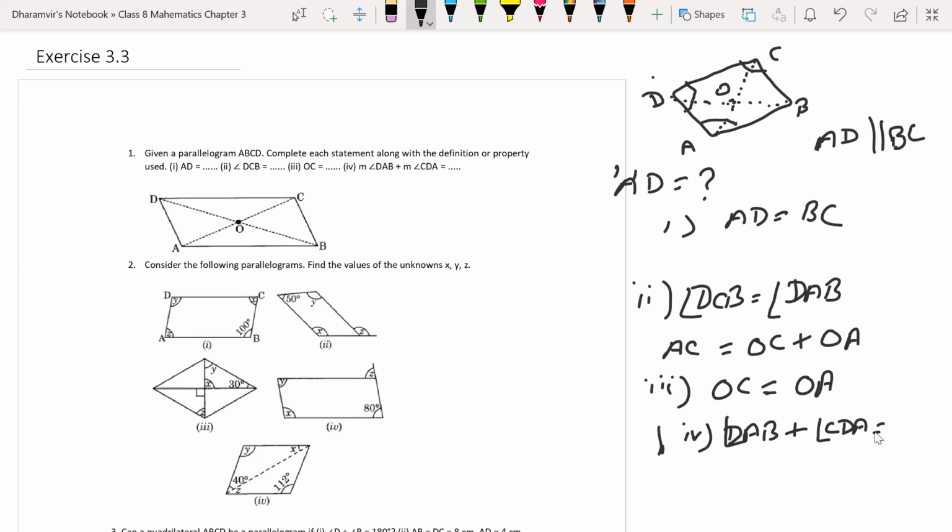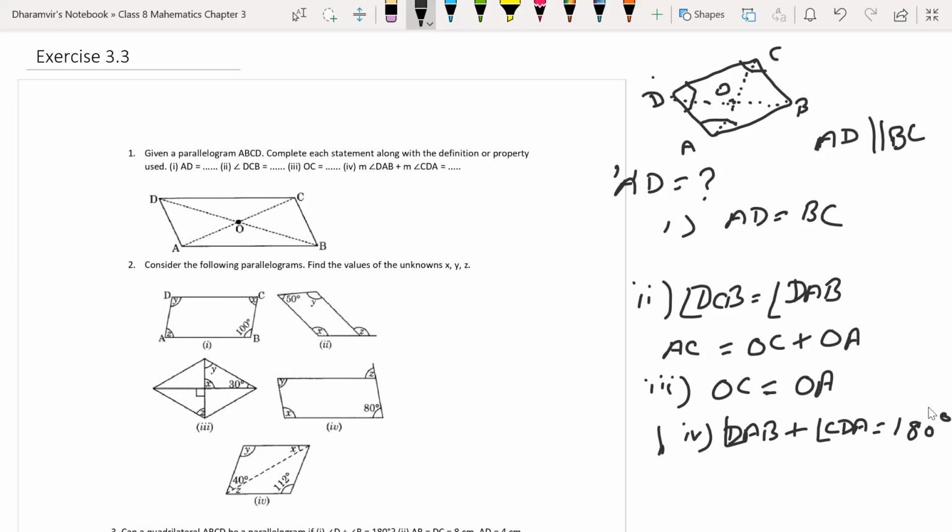A supplementary angle pair has a sum equal to 180 degrees. So the sum of adjacent angles in a parallelogram is 180 degrees. So angle DAB plus angle CDA is equal to 180 degrees.